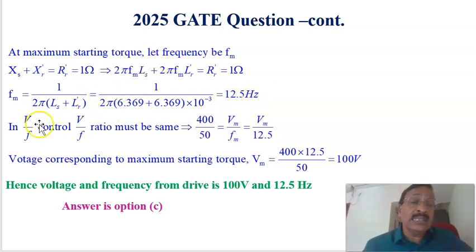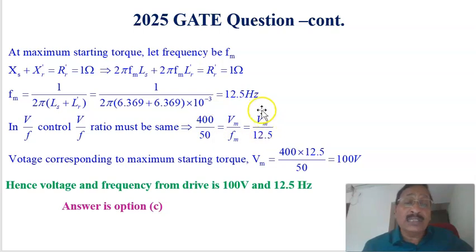Now, since we are using V by F control, the ratio of V by F should be constant. Therefore, when the voltage is 400 volts, the corresponding frequency was 50. So 400 divided by 50 is the V by F. That should be equal to the required voltage divided by 12.5, since the frequency required is 12.5, already calculated.